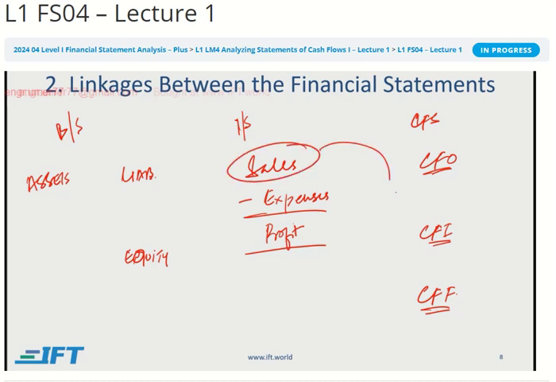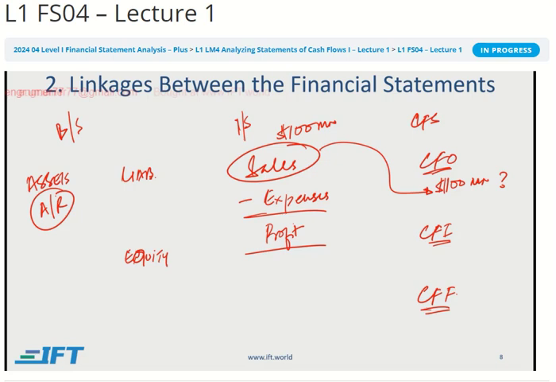Sales obviously is going to be related to cash flow from operating activities, but it's not necessary that the entire amount of sales of a company, let's say there was $100 million sales in this year, means there has been $100 million cash received. The answer is no. You have to check something called accounts receivable, right?